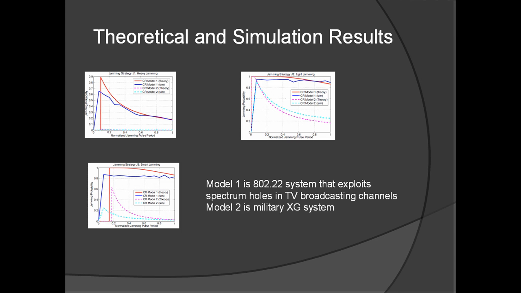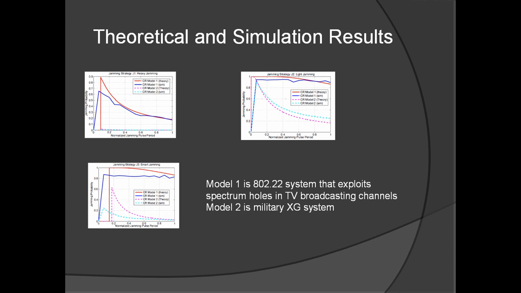Here are some of the results from modeling existing systems such as the 802.22 system and the military's XG system. As you can see here, each system has its own response to each individual jamming strategy, and each jamming strategy has a different type of response as well.